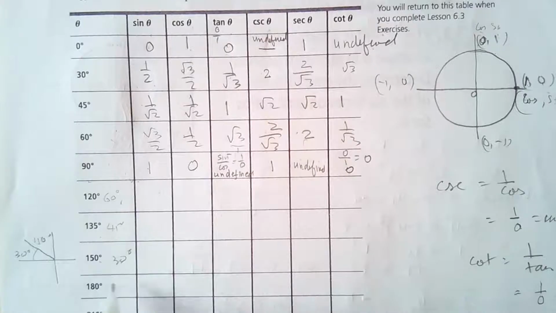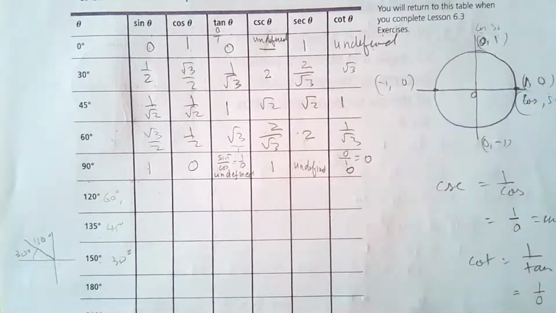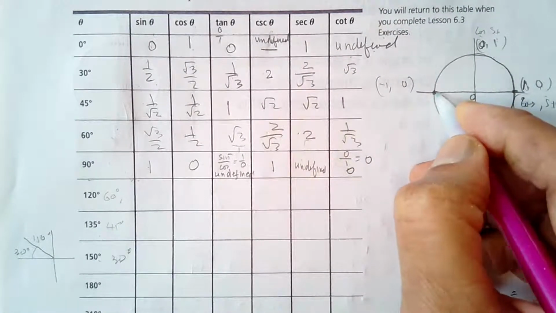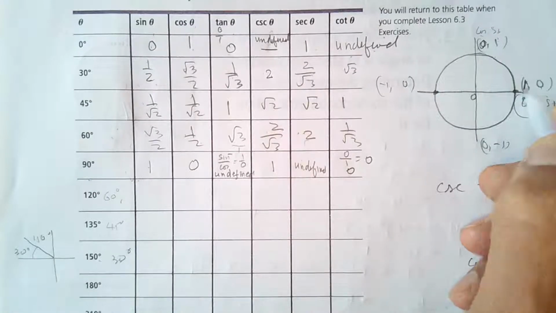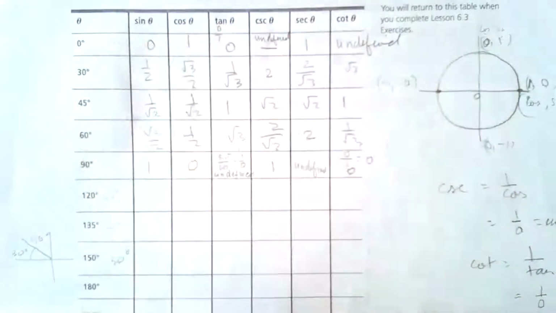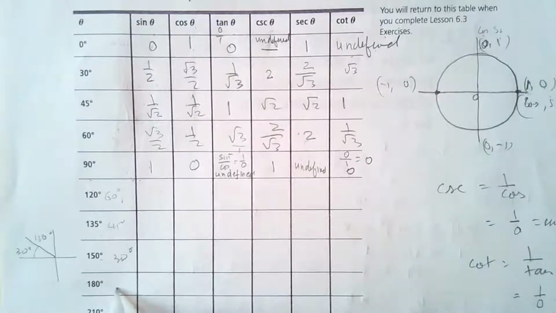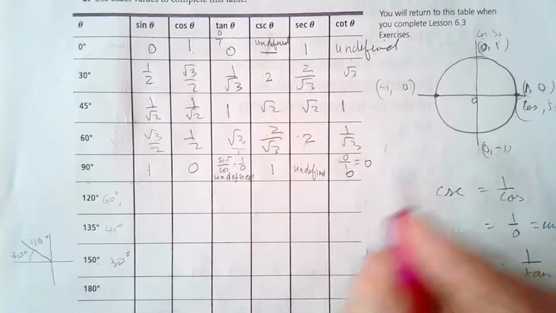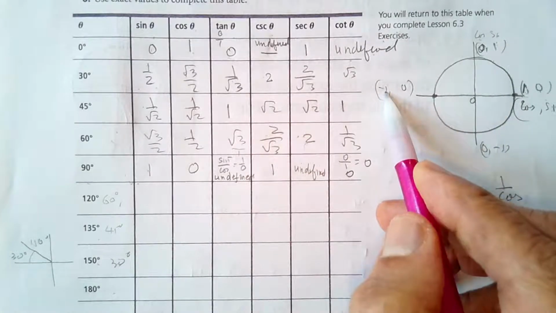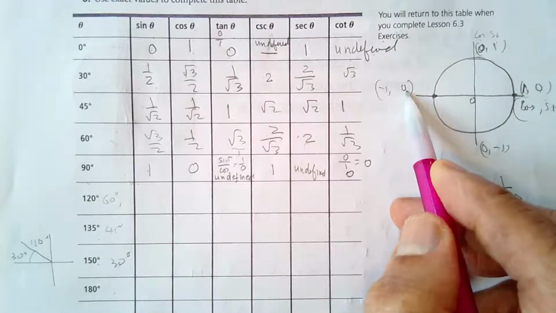Now, at this point here, it's a repetition of 0 degrees, right? So go back to 180. But in this case here, we're looking at the cos as negative and your sine is 0.